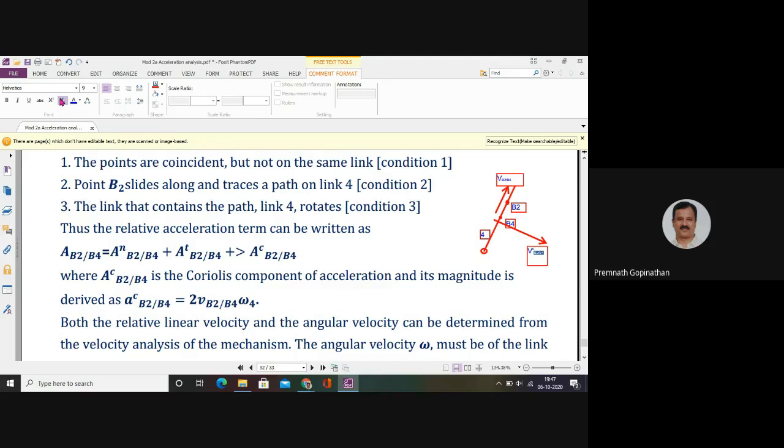Okay, so this is what you see as the direction of the Coriolis component.